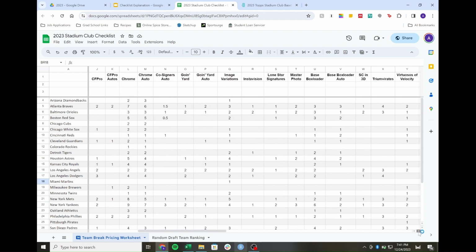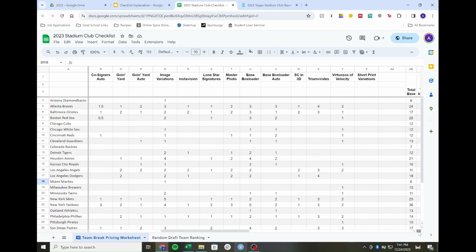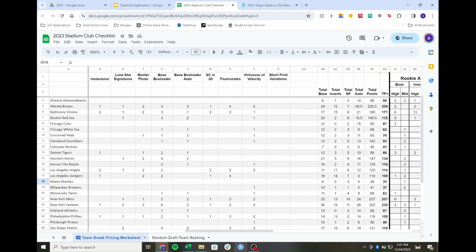And so as you go through, I use these values and numbers to set up sort of like a base value for the number of cards that you get. So basically this value will help show what the overall value of the team is just based on the card count.